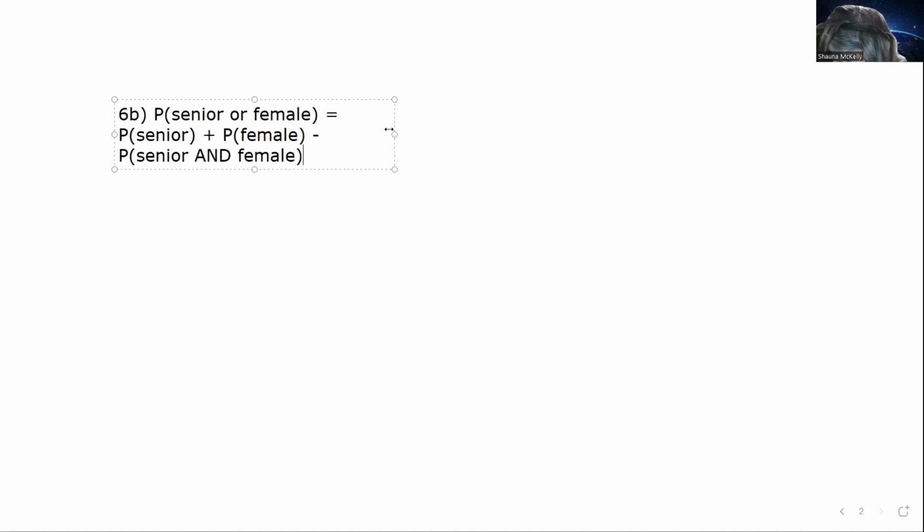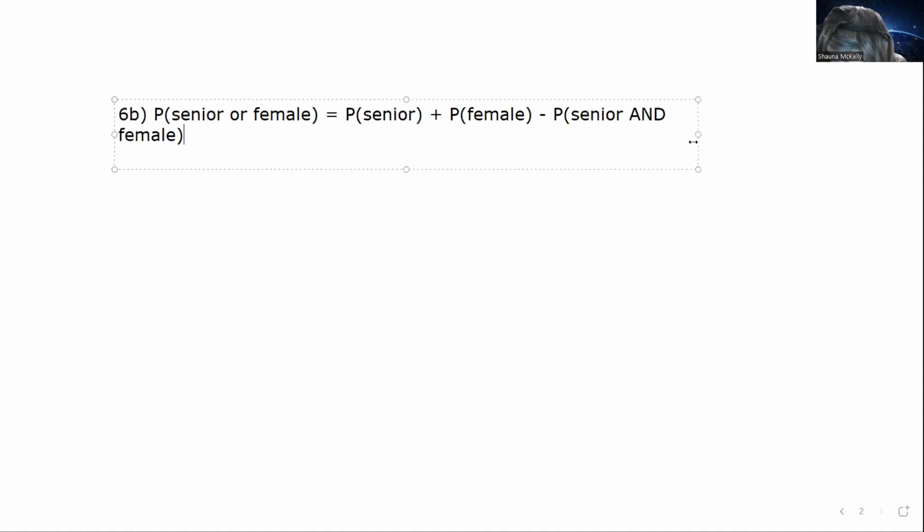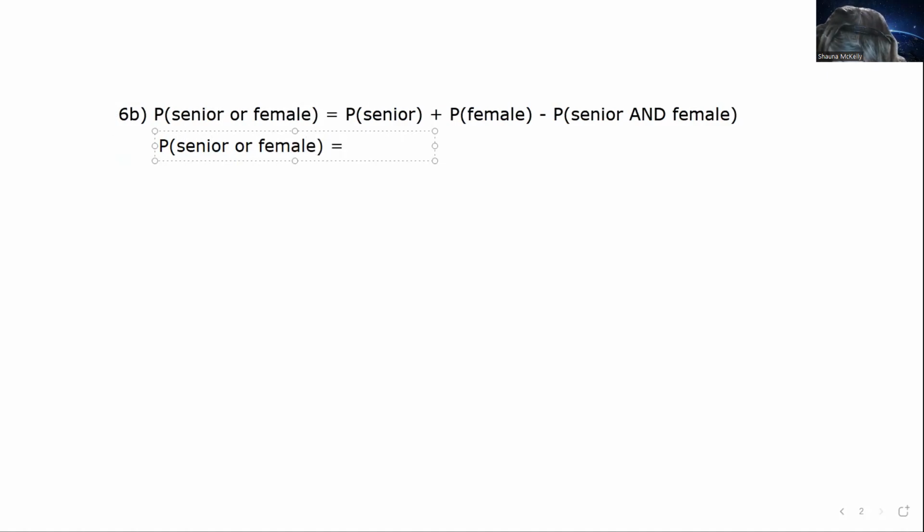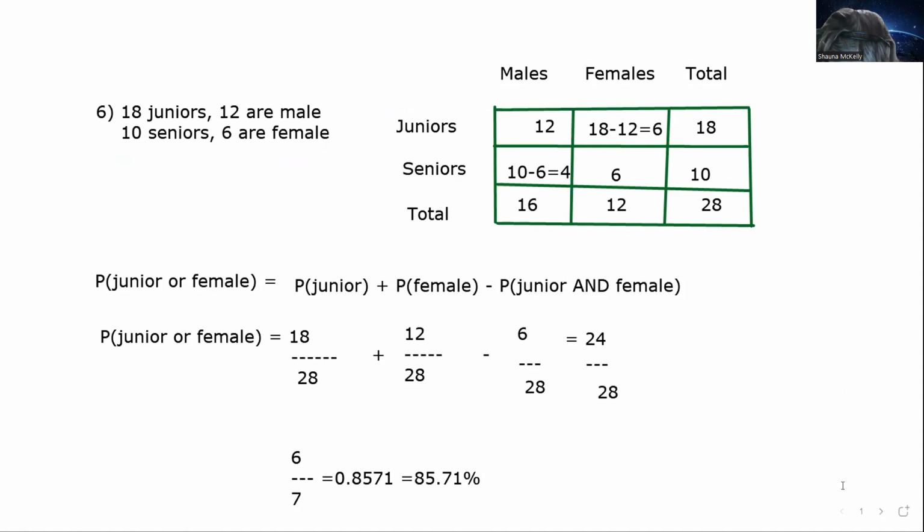So here we get the following. Let's analyze this now. So we have the probability of senior or female equals. Now let's go back to our previous screen.